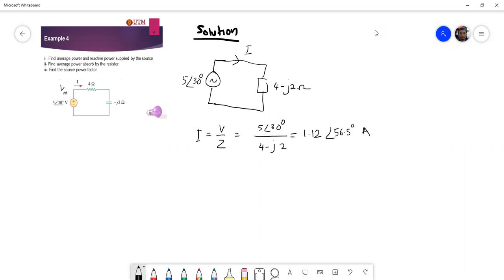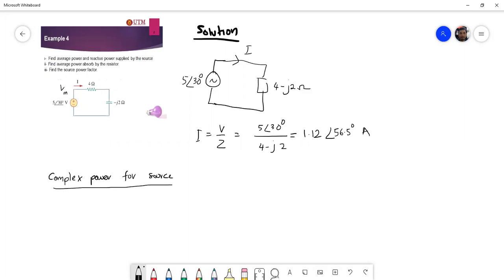Now, the average power and reactive power supplied by the source. We can calculate the complex power, because we already know that the complex power has all the information of the total power inside the circuit.